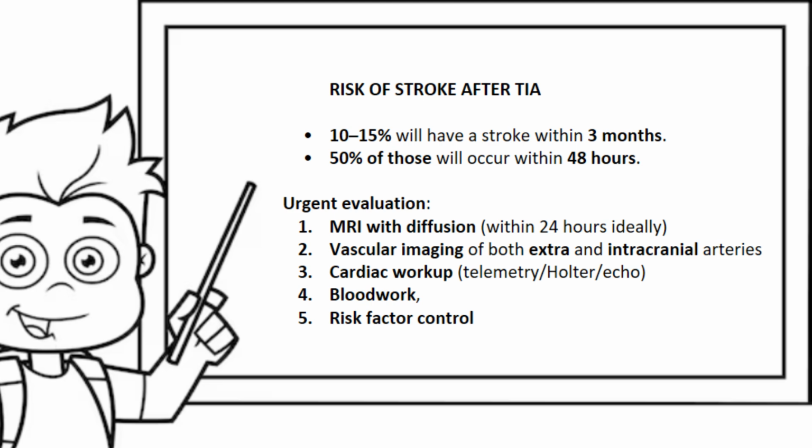You don't wait, you need to do the following. 1. Do an MRI with diffusion weighted imaging within 24 hours ideally. 2. Do a vascular imaging of both the extra and the intracranial arteries. Next, do a cardiac workup including telemetry, Holter monitoring, and an echo if needed.